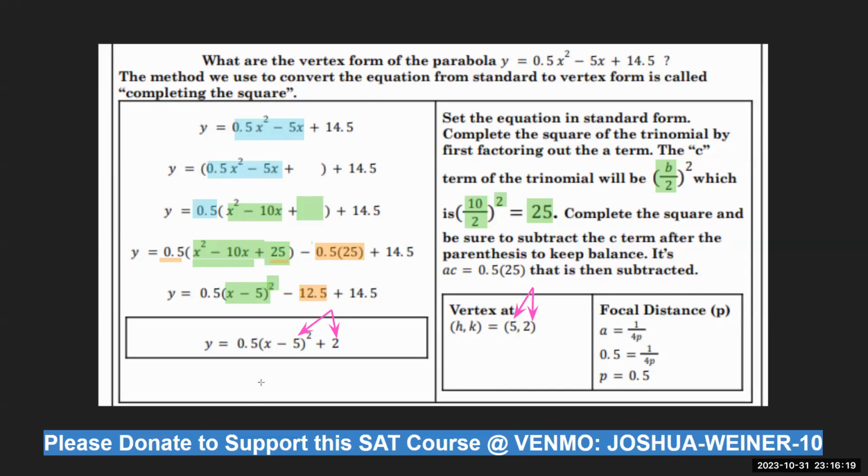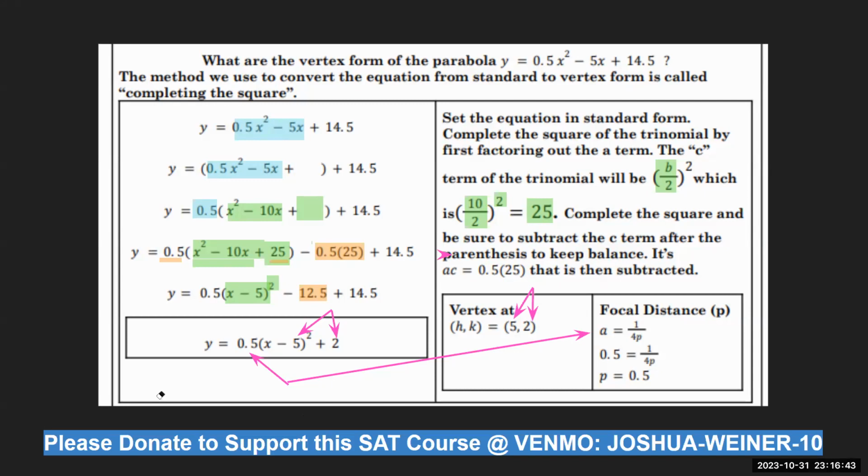The other thing to note is that this value a helps us find the focal distance. A equals 1 over 4p. So we can then say a half equals 1 over 4p, and then multiplying both sides by 4p, we get 2p equals 1, or p equals a half, or 0.5.